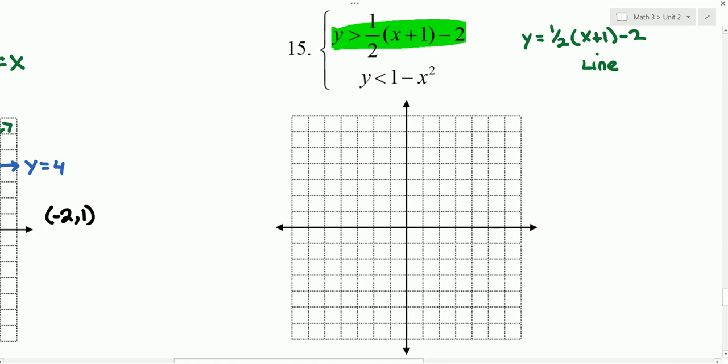So I'm going to go left 1 down 2 to get my first point. And I'm going to use the slope, the 1/2, to find my next point. So from the point I graphed, I'm going to go up 1, right 2 to get my second point. I'm not going to draw a solid line because it's not equal to this line. This is a boundary line.